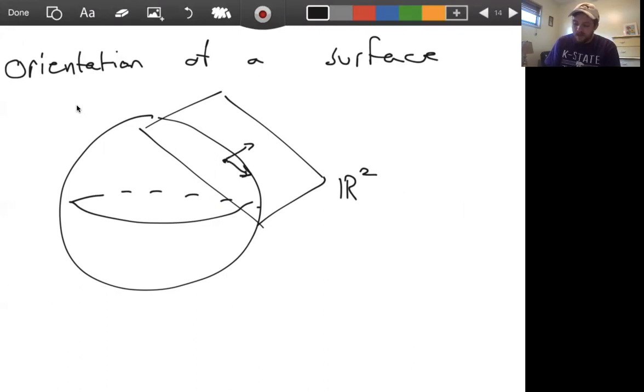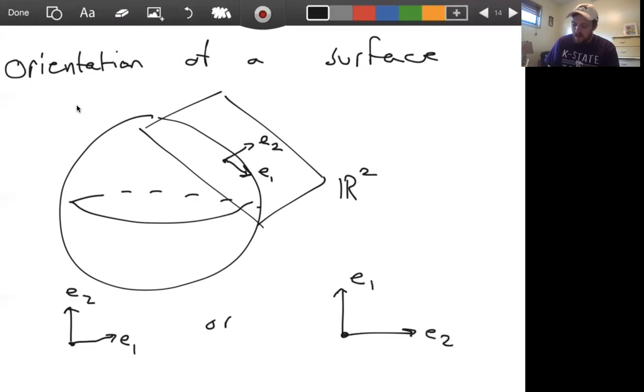If we label these E1 and E2, you could see there's two choices: to have E1 go first and then E2, or you could have E2 go first and then E1, right? These are different. You cannot continuously move vectors around to get from E1, E2 to E2, E1. You can't get from one to the other.